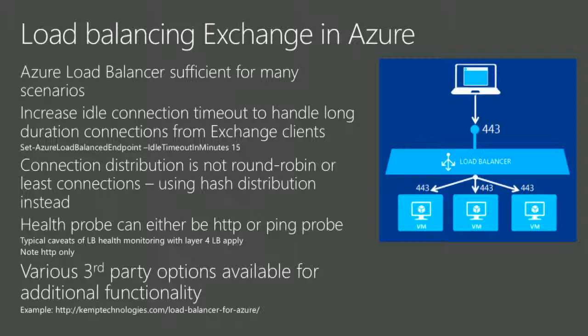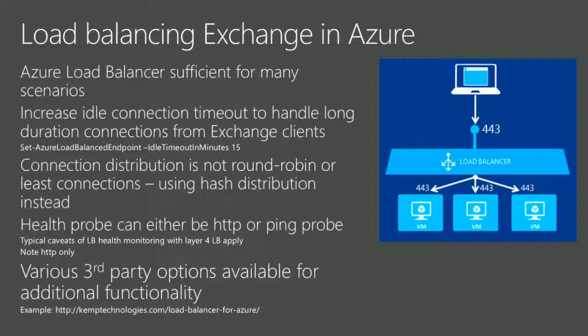It's essentially a fairly, I don't really want to use the word dumb, but a fairly low feature set load balancer available in Azure that you can utilize for Exchange. It will do something similar to round-robin distribution. It's actually not truly round-robin.